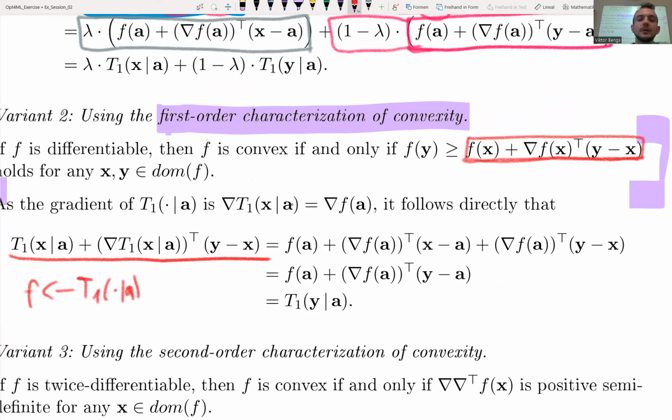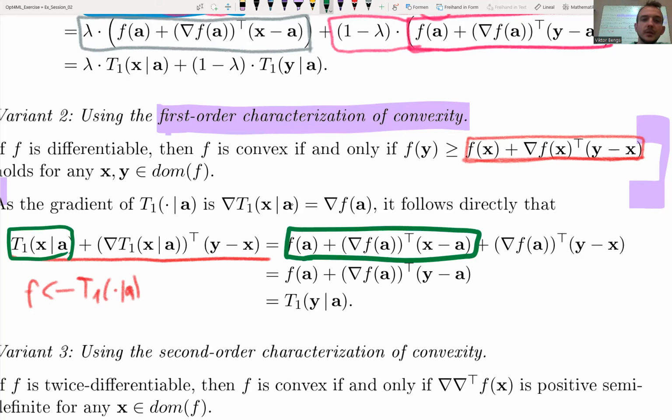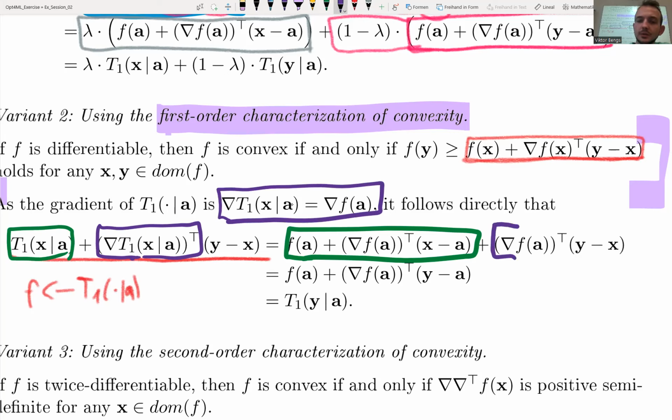And well, what do we get? So the first term, T1 x of A, is the first order Taylor approximation here. And this is the definition of that. Second term, all right, so we only have to plug in the gradient, and we do this here.